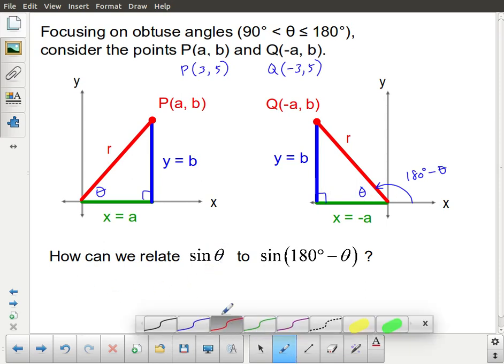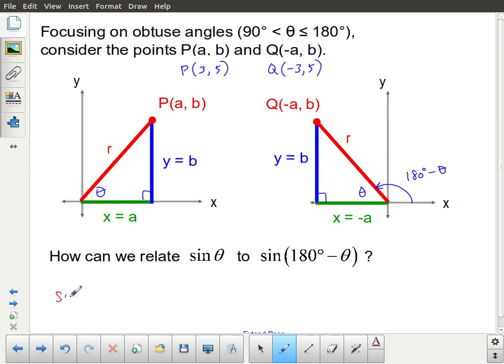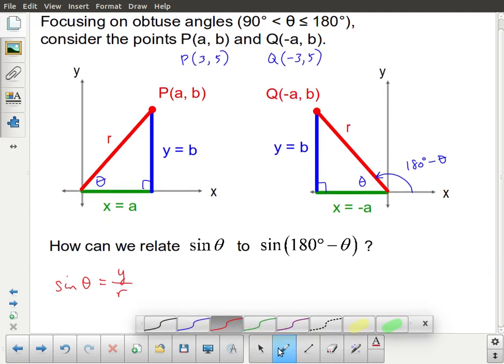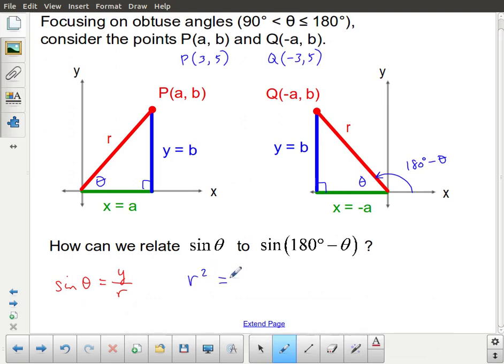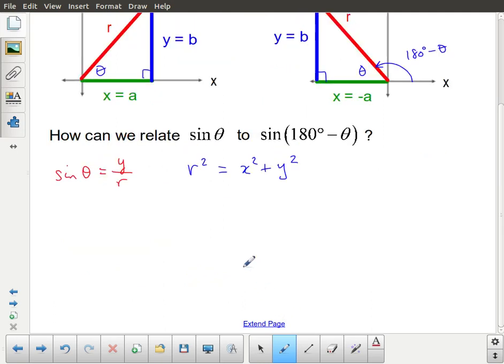Just reminding you again, the definition said that the sine of theta is equal to the y-coordinate divided by the r value. Now, I don't know the r value yet, so I should start with that. So I'm going to write that r squared must be equal to the x-coordinate squared plus the y-coordinate squared. So what is the x-coordinate squared?